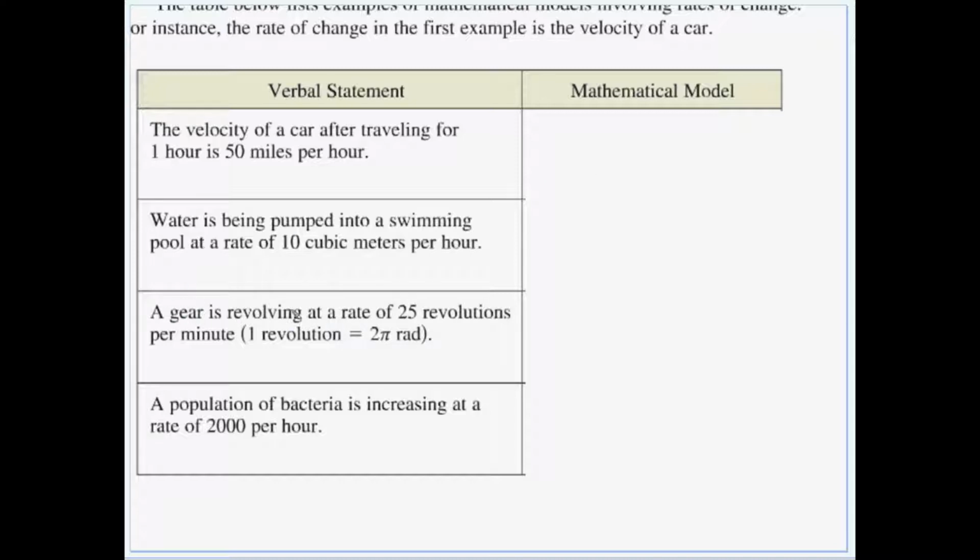Third one, a gear is revolving at a rate of 25 RPMs. One revolution is 2 pi radians. Remember, one trip around the unit circle is 2 pi. So what we're working on here is an angle. So theta is our angle of revolution. And then we have how it is changing. How is the angle changing?